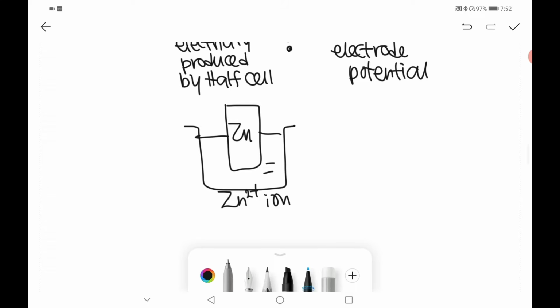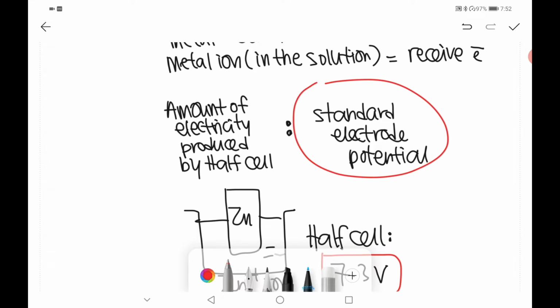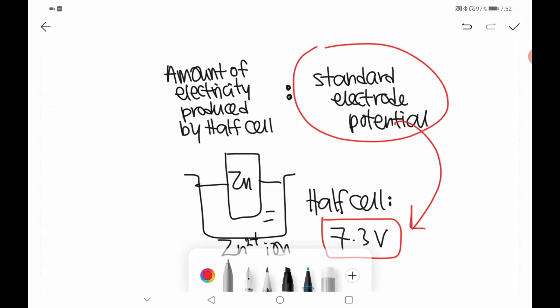If I say this half cell produces 7.3 watt, then this 7.3 watt is the amount of electricity produced by the zinc half cell. So this 7.3 watt is the standard electrode potential of the zinc half cell. Standard electrode potential is the amount of electricity produced by a half cell. That is what you need to know.